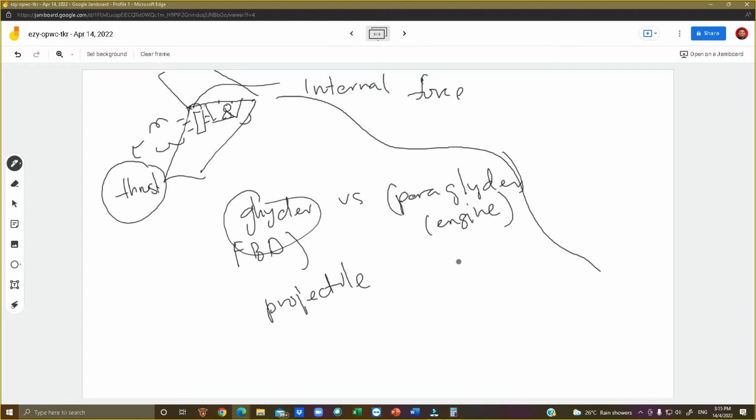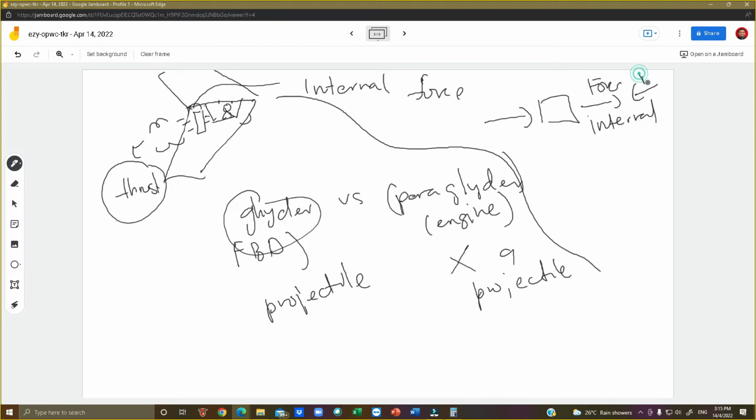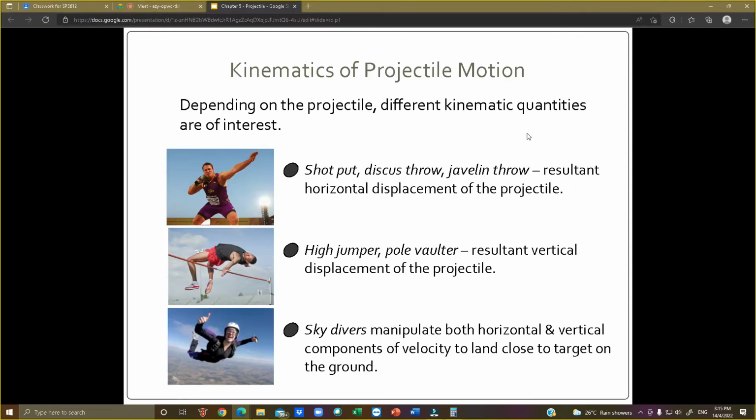So this is not a projectile. Pasal tadi kan kita ada objek, kita ada force external. Now dia ada force internal, and then friction, and then gravity, no external force. That is not a projectile. Itu kita beza dulu. Projectile and not a projectile.